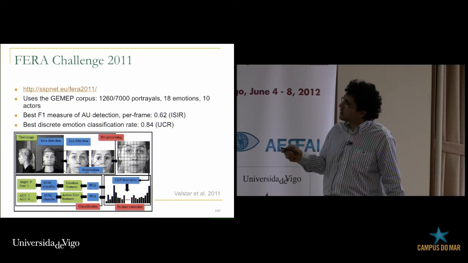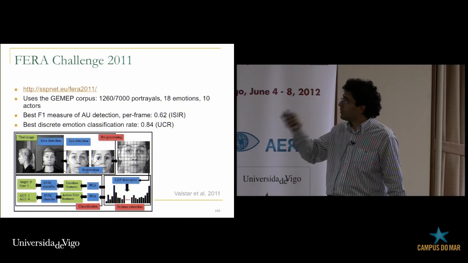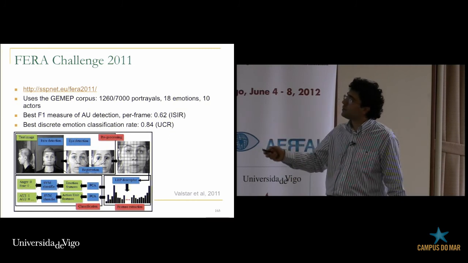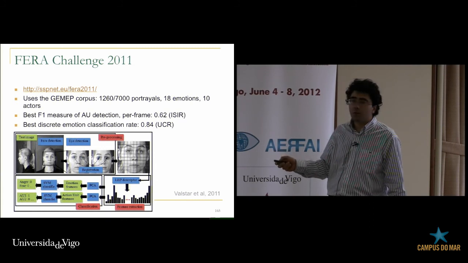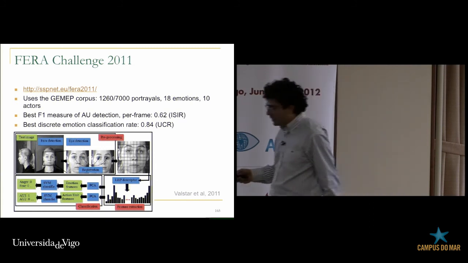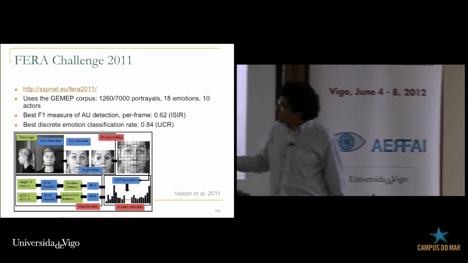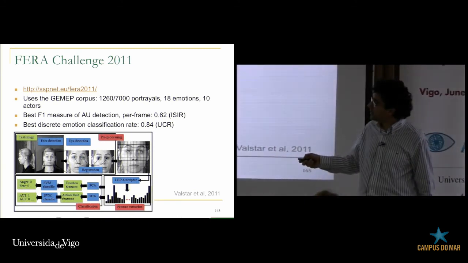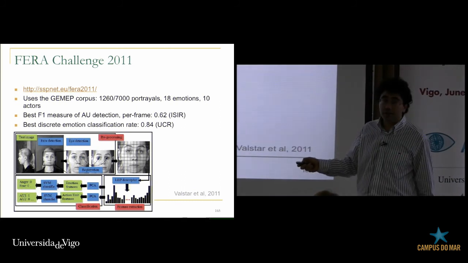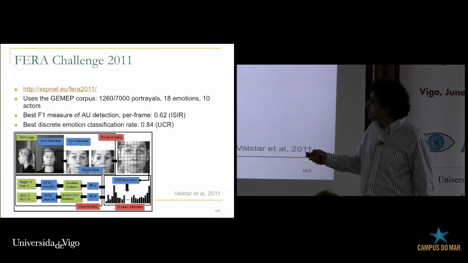So the best per frame action unit detection rate is 0.62 as F1 measure, and the discrete classification rate is 0.84. And this is the baseline system. Eye detection is provided, registration with only the eyes, which is not a very good idea.